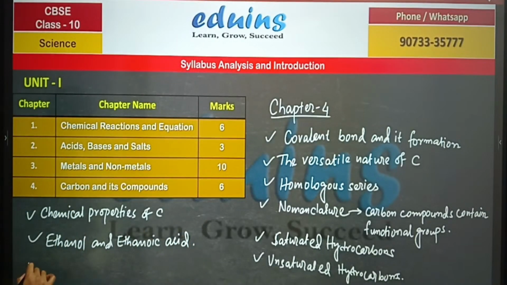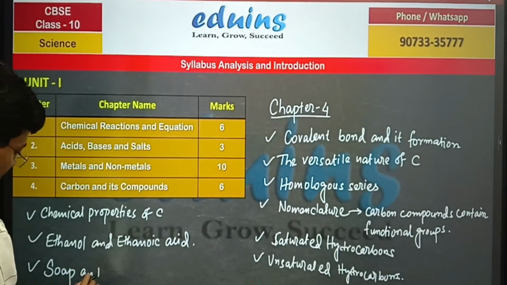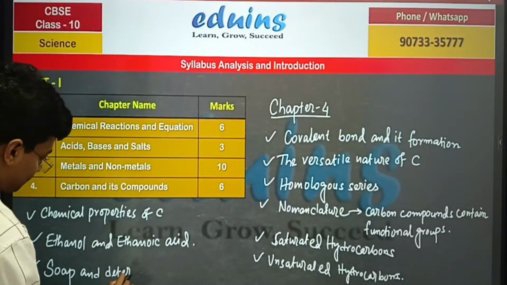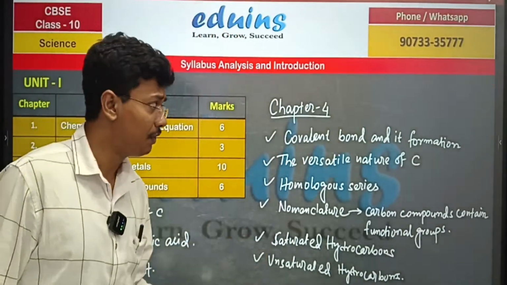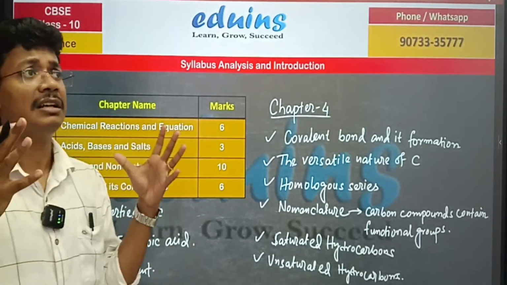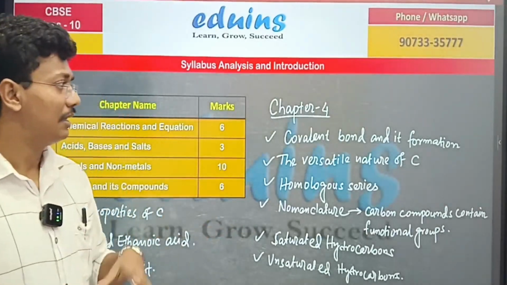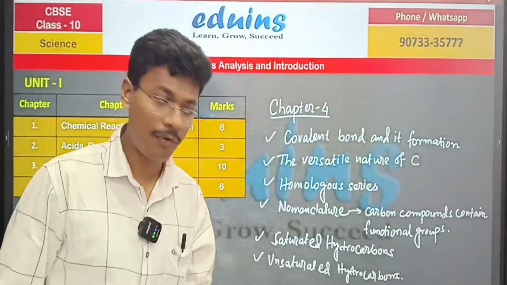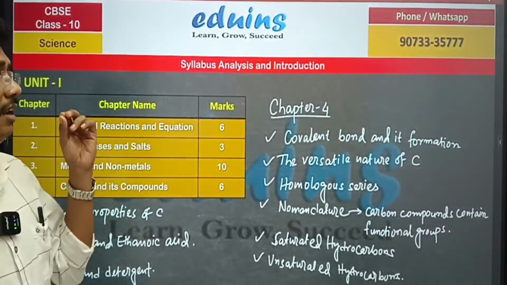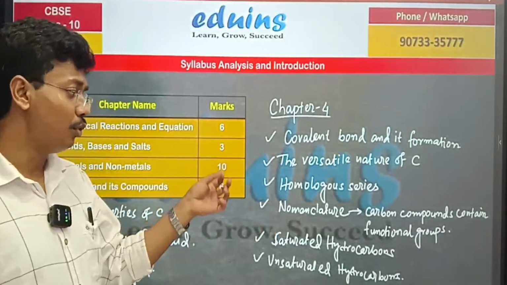And lastly, we have to study soap and detergent. Now the overview of chapter 4. It is a huge chapter that contains several topics: covalent bond and its formation, the versatile nature of carbon, the homologous series.